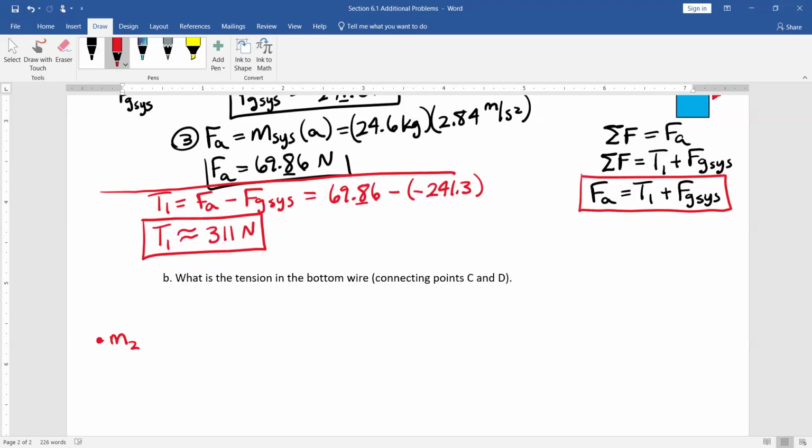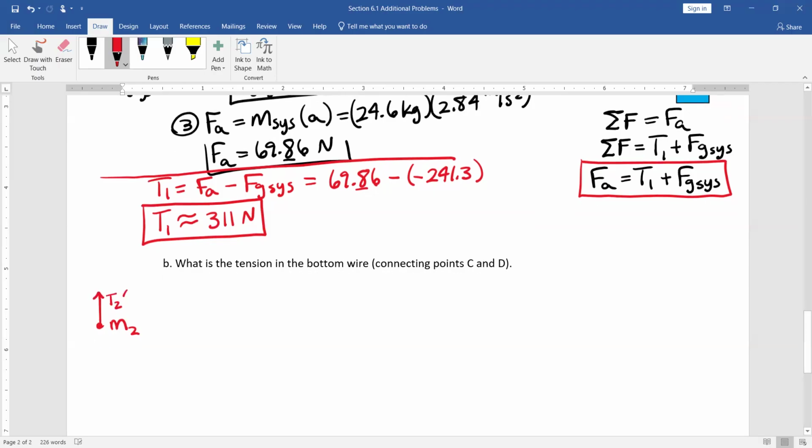From the top of it, I have T2 prime, which includes the force of the acceleration. And I have the force of gravity, FG2. It's the force of gravity only on that mass, because that wire's not holding the other mass.